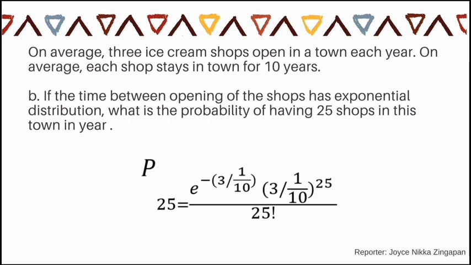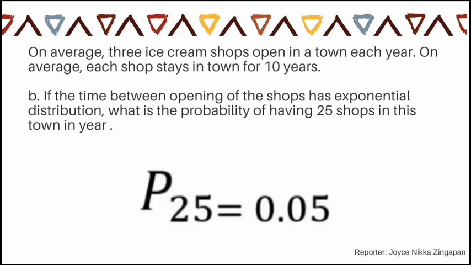As we calculate this probability, it will give an answer of 0.05. Hence, there is a 5% chance that there are 25 shops working in this town in any given year.